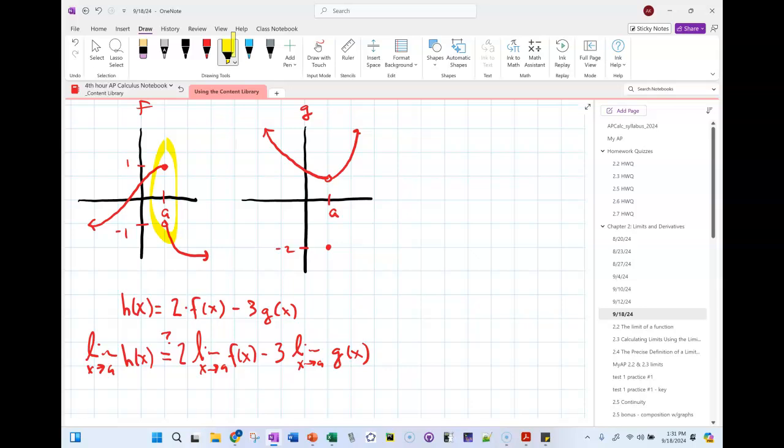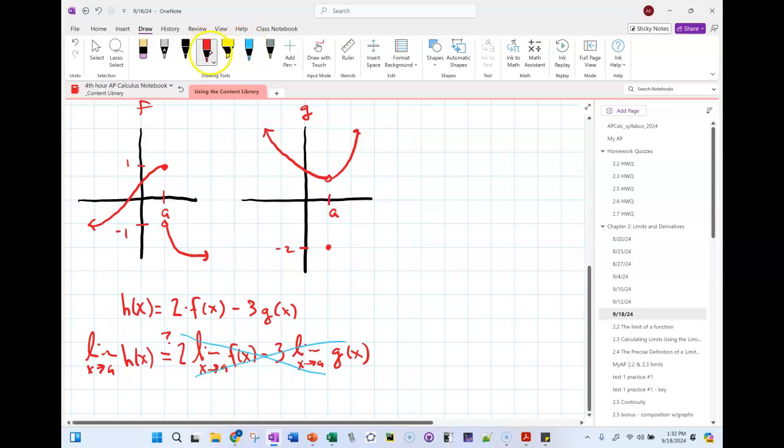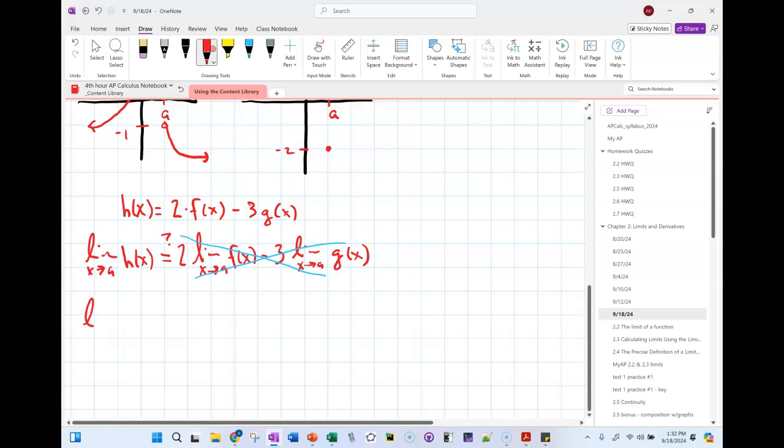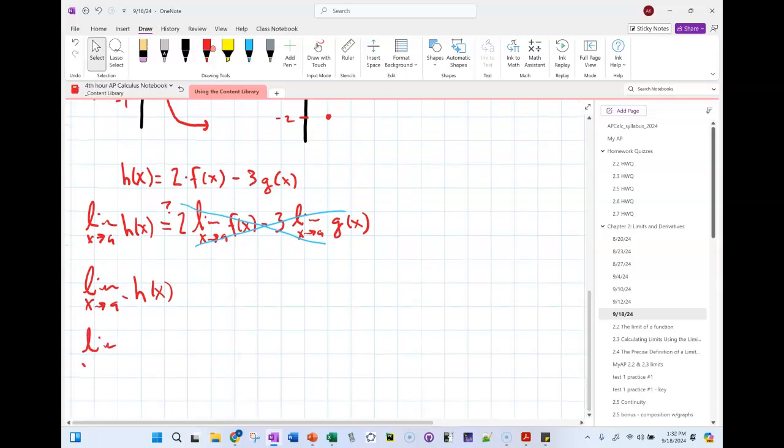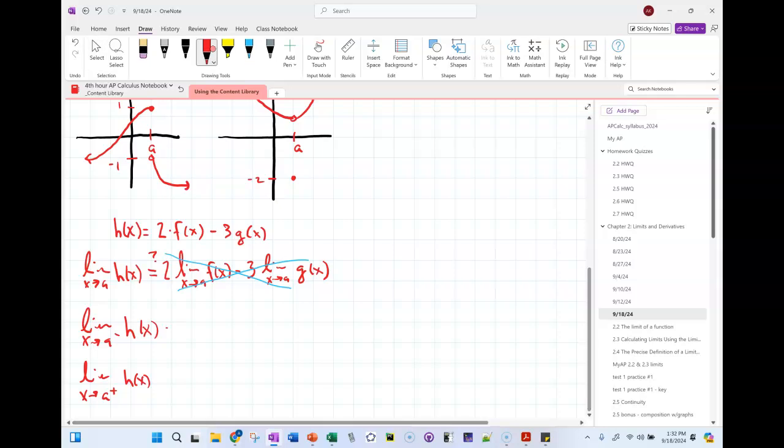Now, if you have a continuous function, no problem. Go crazy with these limit laws. When we have a graph like this, you have to be real careful that you're not running into a discontinuity. So that we can't do. How would I do this instead? You have to look at the right-hand limit and the left-hand limit separately, right? So that now, since it's a one-sided limit, that always exists.